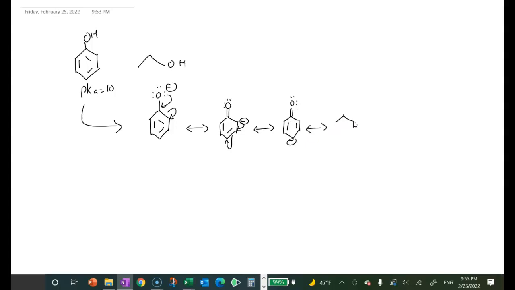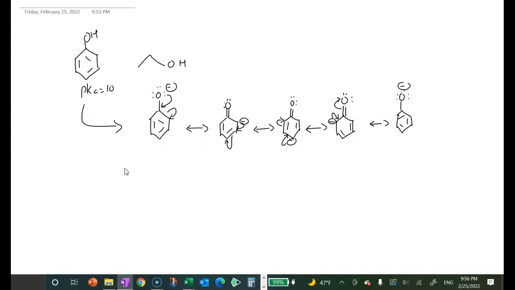You can go one more and draw the structure where the negative charge is on this carbon atom, and then the last one, where this pair of electrons goes back over here, giving the final structure with the oxygen again taking the negative charge. So there are a number of resonance structures which stabilize the phenoxide ion, hence phenol is a stronger acid.